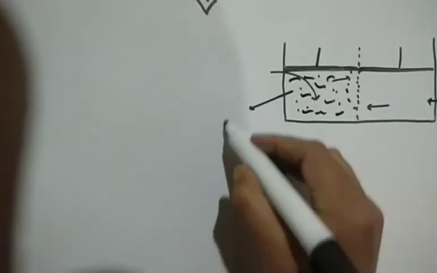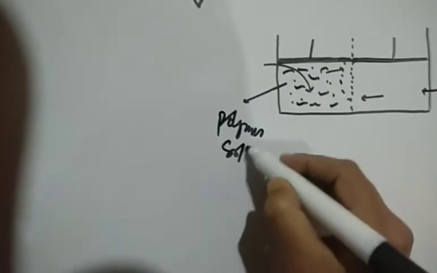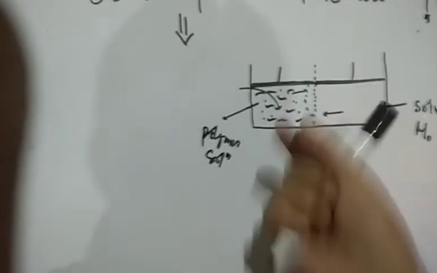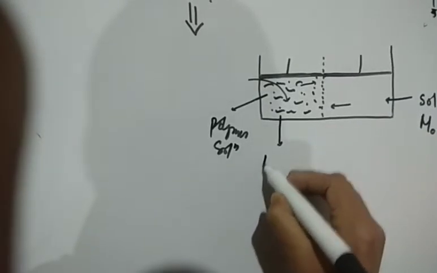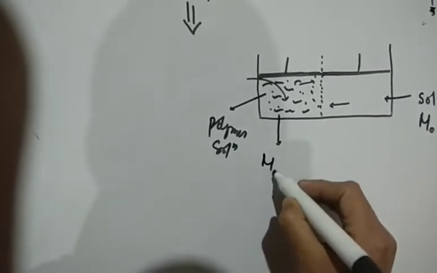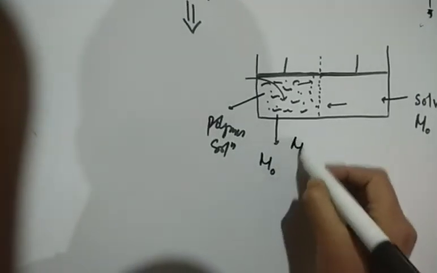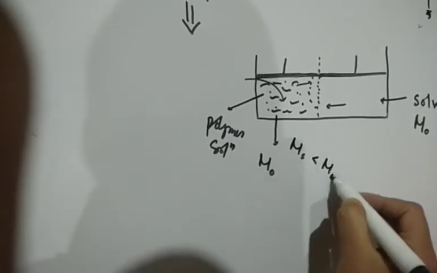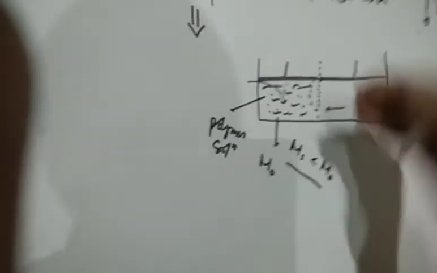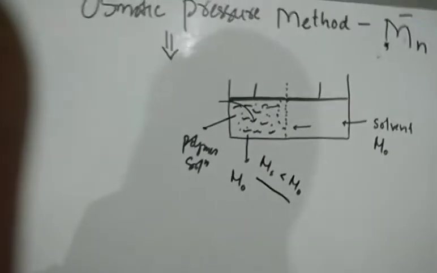As soon as I added the polymer to make the polymer solution, the chemical potential decreases. So now the chemical potential is not mu zero. It is less than this. So the chemical potential is now mu s, and that mu s is less than mu zero. Obviously, because we have added the solute, the chemical potential of the solvent decreases.